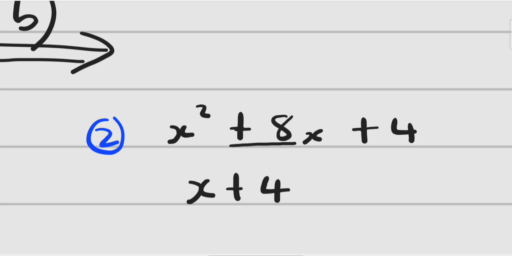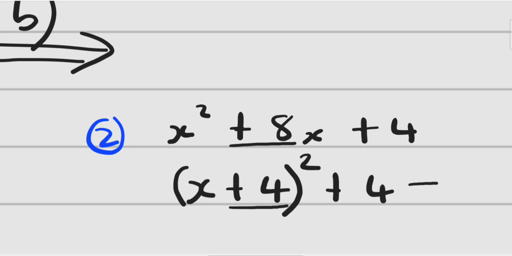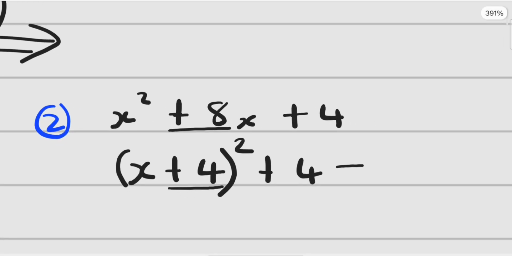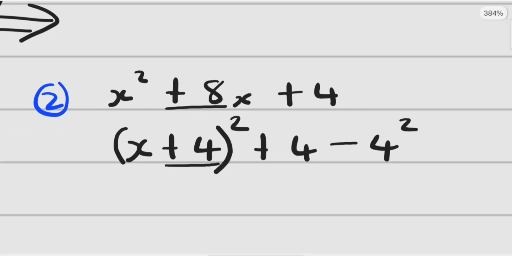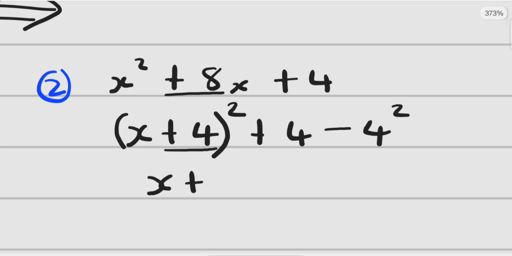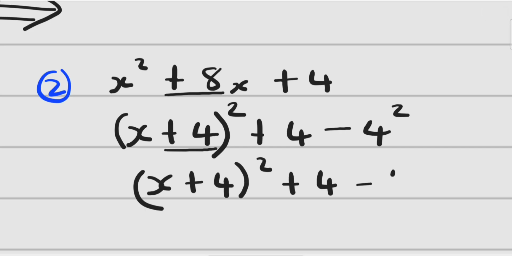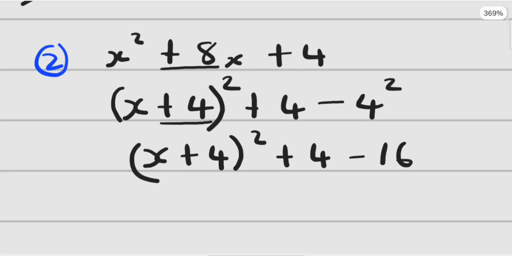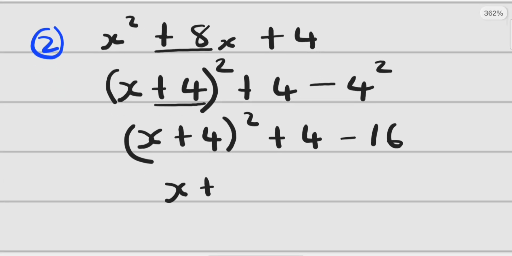So that would be x plus 4 in brackets squared, plus this 4, then we subtract this squared. So we subtract 4 squared, so this will be x plus 4 squared plus 4 minus 16, and this will give us x plus 4 squared minus 12.